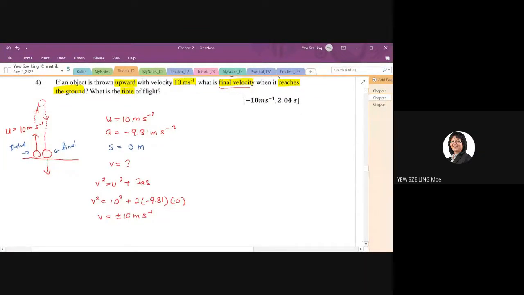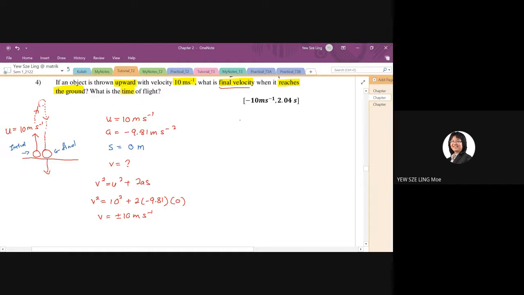Now, based on the diagram, like I told you just now, you throw something, it drops. So at its final position, just before it hits the ground. The question is a bit misleading. It says when it reaches the ground. Reaches means it hits the ground already, so at that moment the velocity should be 0. But in our calculation, our final velocity will never be equal to 0.